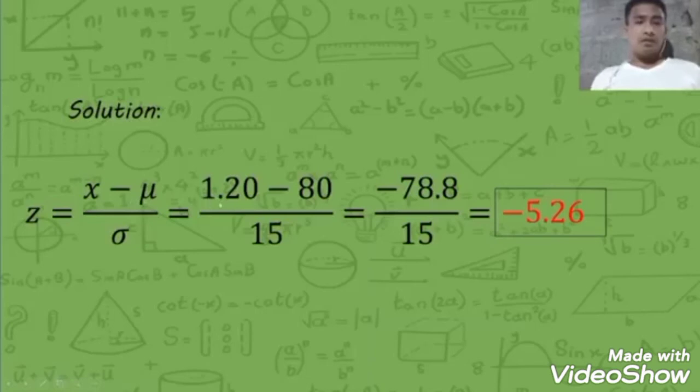The X, or the raw score, is 1.20 minus mu, or the mean, which is 80, over 15, the standard deviation, which is equal to negative 78.8 divided by 15, which is negative 5.26. So the Z-score of Jane in the test is negative 5.26. The score is below the mean.